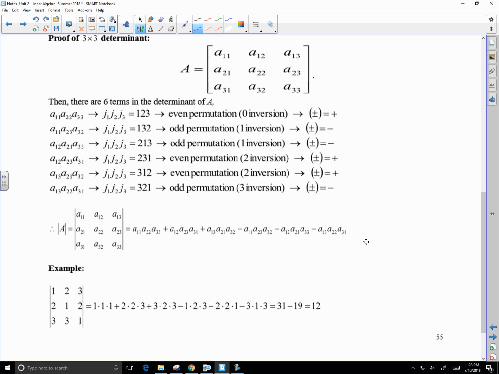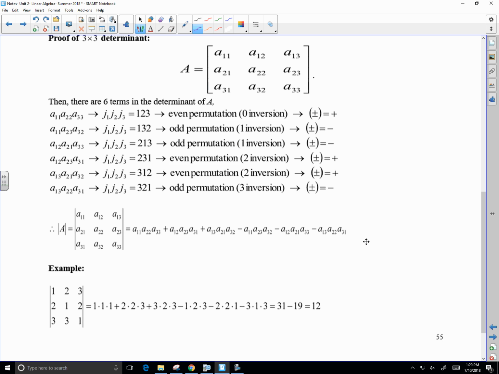But you have to know the number of terms within the matrix so you know what you're aiming for. Then actually develop the number of arrangements within each permutation. Then count up the number of inversions that it takes to get from 1, 2, 3, for example, to 1, 3, 2, and then 3, 1, 2.